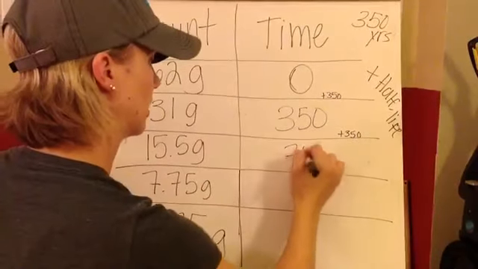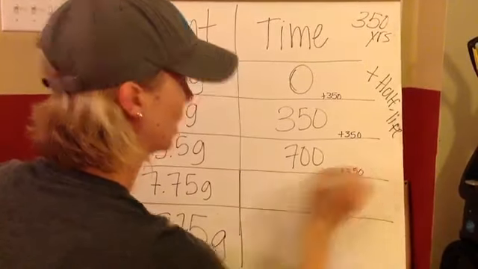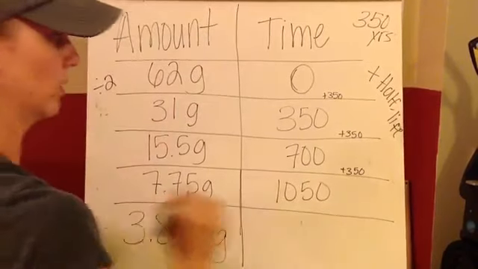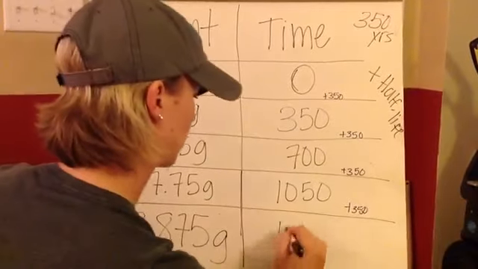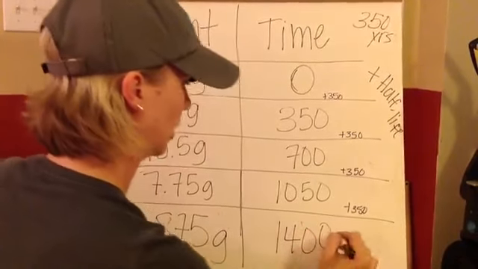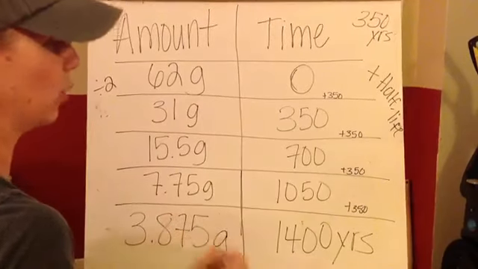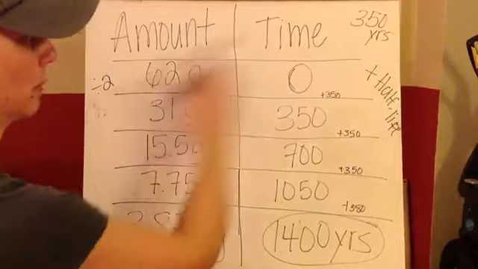This gives us 700. We add 350 again, we get 1,050. We're going to add 350 one more time, and that gives us 1,400. So our answer to the problem of how much time has passed, how old that fossil is, is 1,400 years based on our chart.